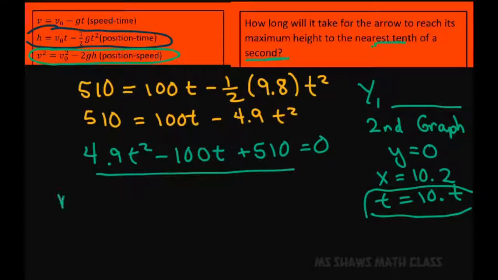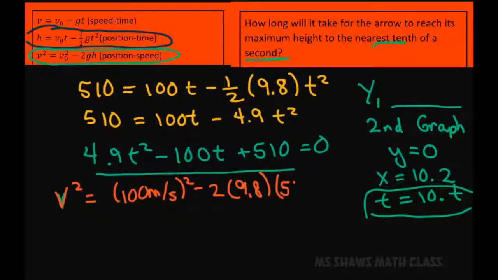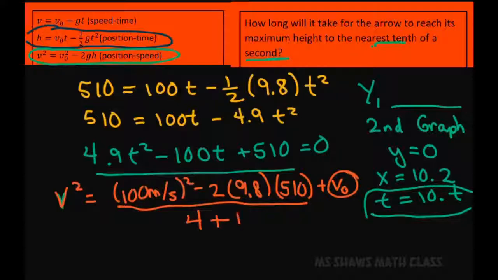So velocity, let me do it in red, velocity squared equals 100 squared minus 2 times 9.8 times your 510. But then you would have had to add back your original velocity, which is 100. So this amount equals, and our initial velocity is 100, and that's your v squared, sorry.